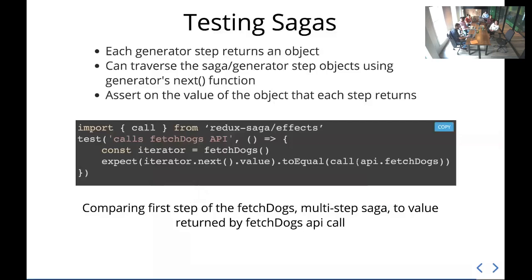In this case, we'll compare it to, let's say, the first API call of fetch dog. So you just make sure you structured your saga the right way, where after the first yield you get the return of the API call when you have multiple API calls chained together. That's a lot simpler to test than a lot of other alternatives, like with thunk, where you have to kind of separate things out. I don't have an example on this one, but trust me, it's harder.